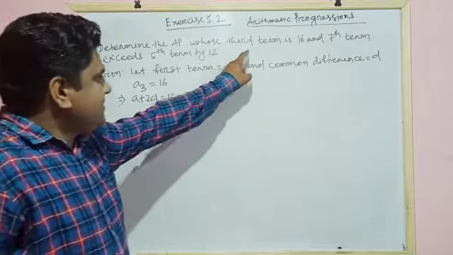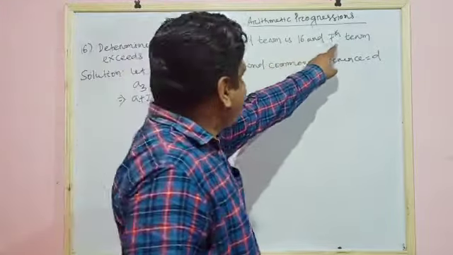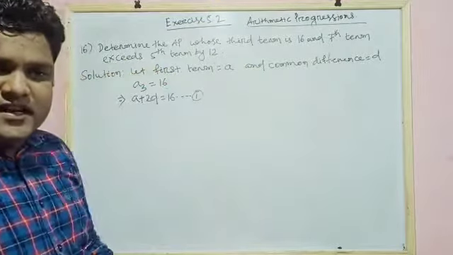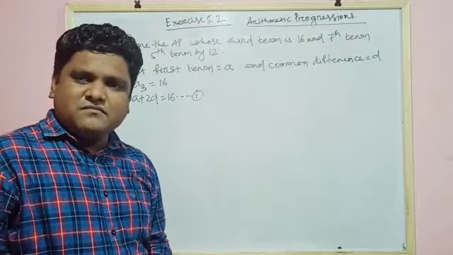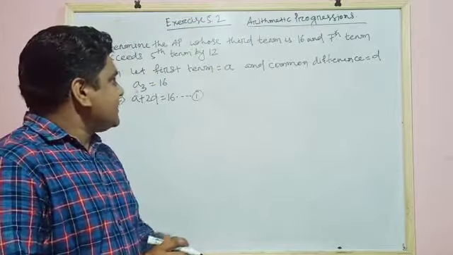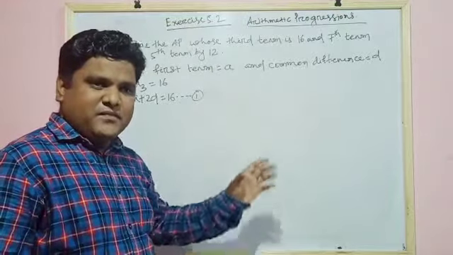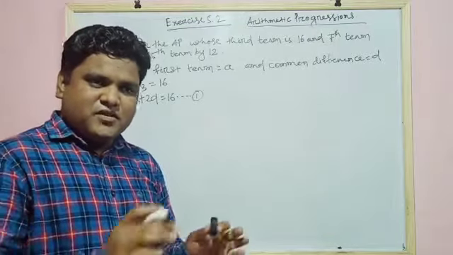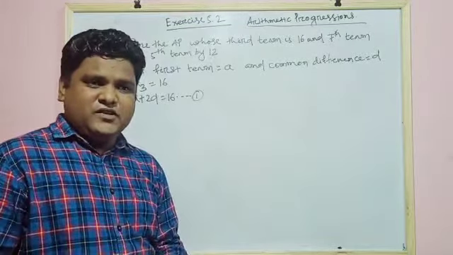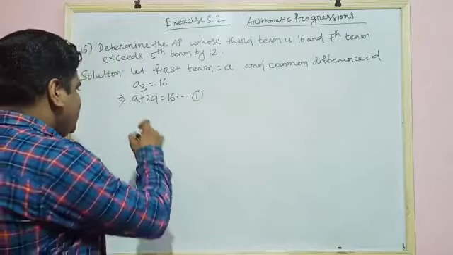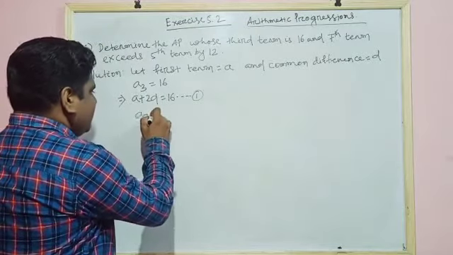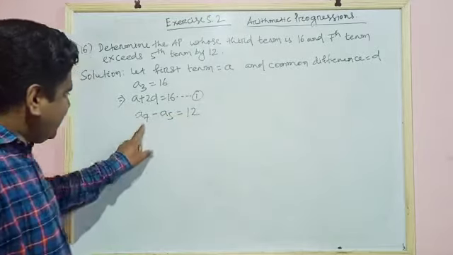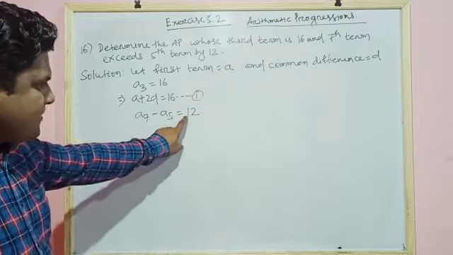Next, it is given that the seventh term exceeds the fifth term by 12. It means the seventh term is greater than the fifth term by 12. That is, if we subtract the fifth term from the seventh term, the result will be 12. So A7 minus A5 equal to 12.